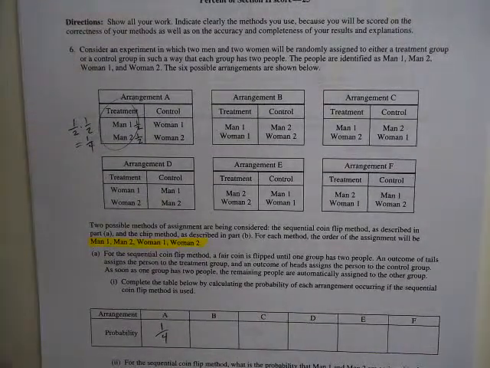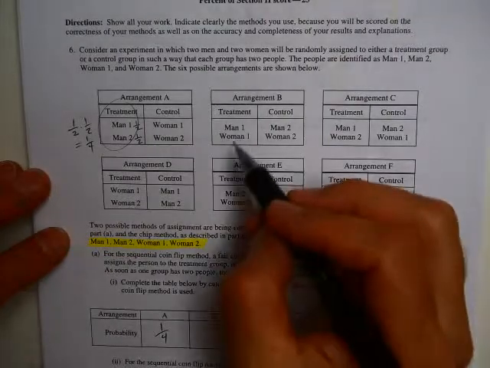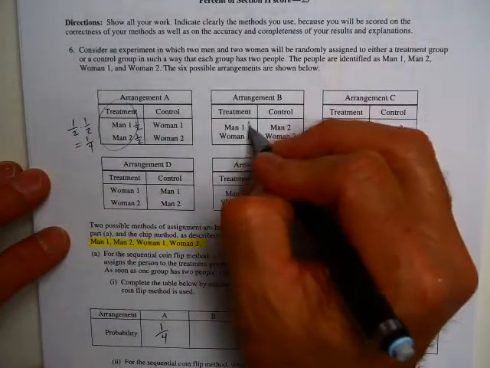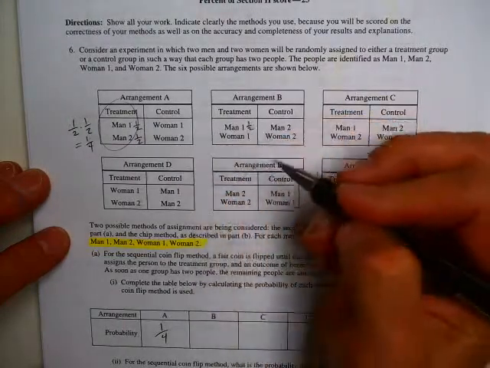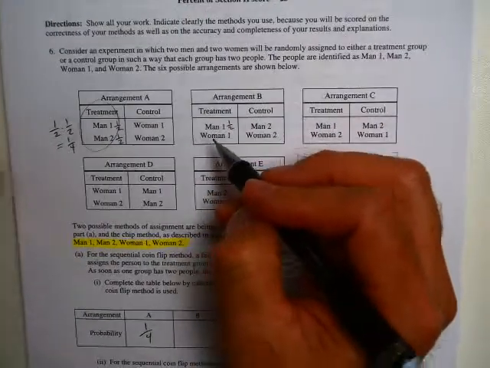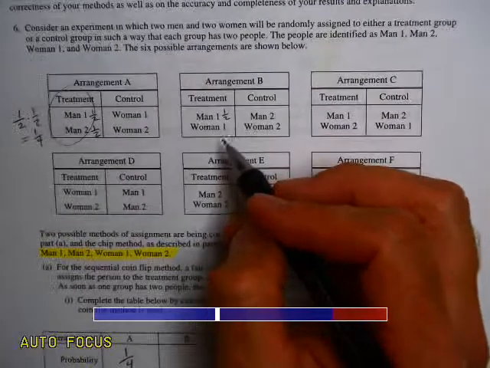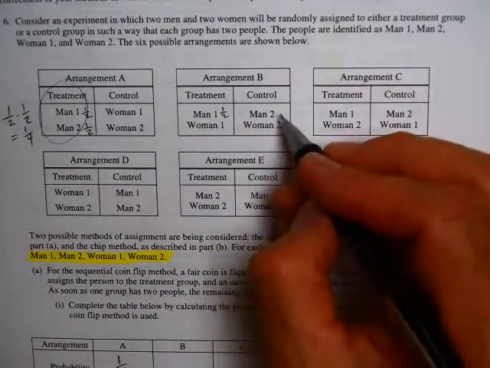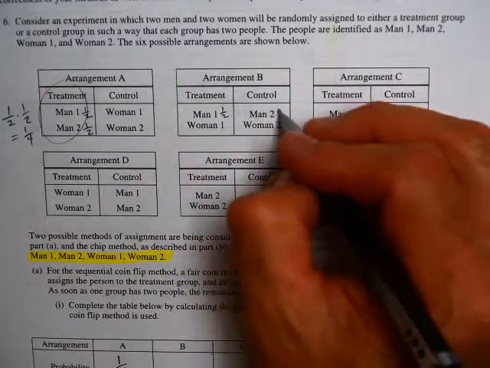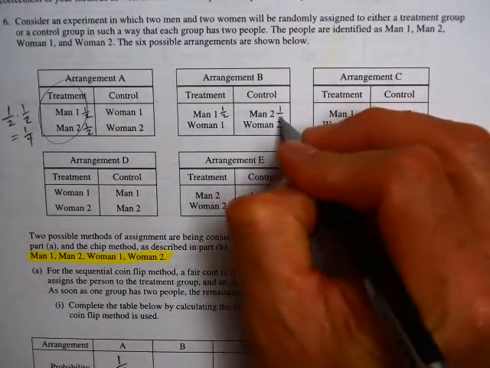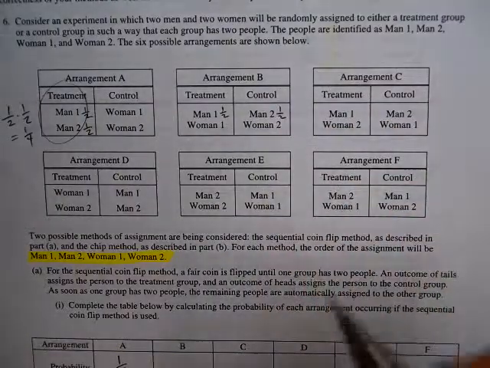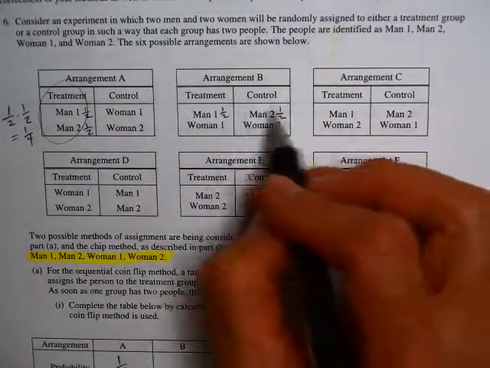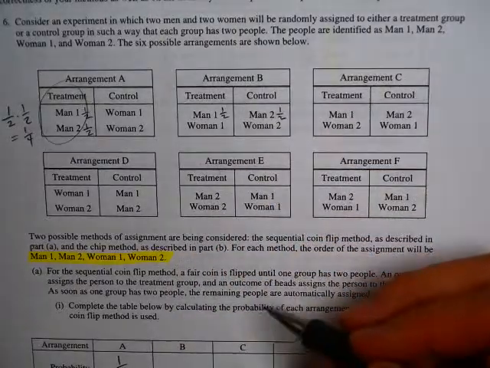Okay. Now, arrangement B, man 1 flips. He's got a 1 in 2 probability of getting put into the treatment group, which he is. He's won the ticket or whatever. Man 2 flips, and he's got a 1 in 2 probability of going into the treatment or the control group. The probability is the same for either of these groups. The fact that he flipped the coin gives us that probability.